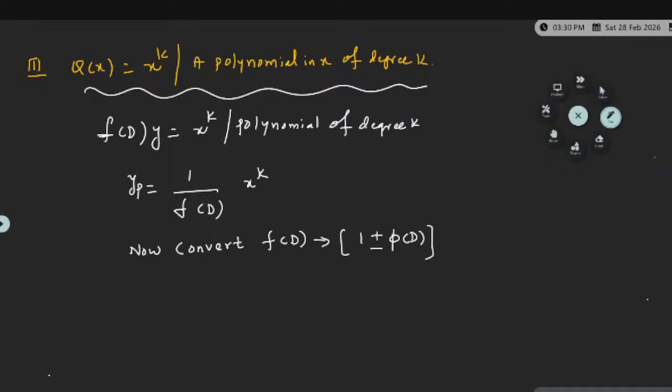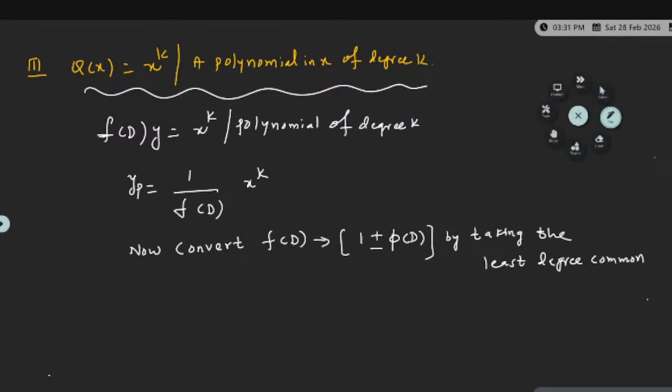You must convert this denominator into 1 plus function of D, or 1 minus function of D, by taking the least degree common.